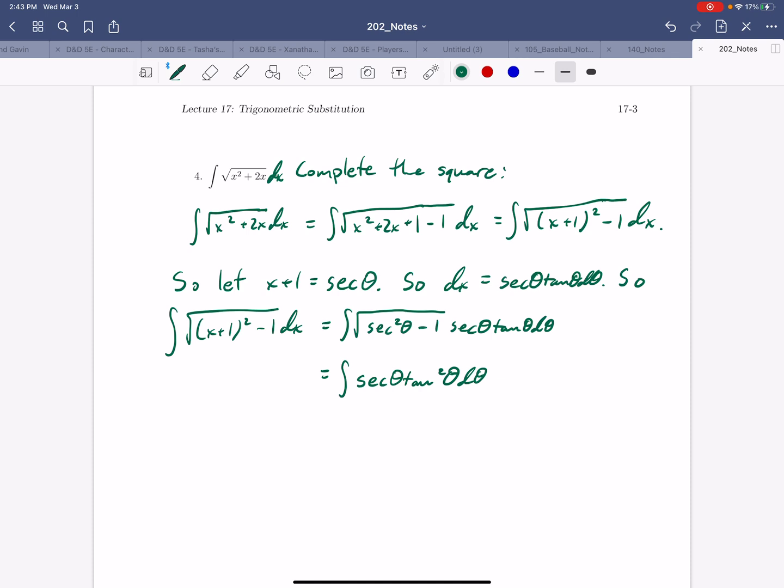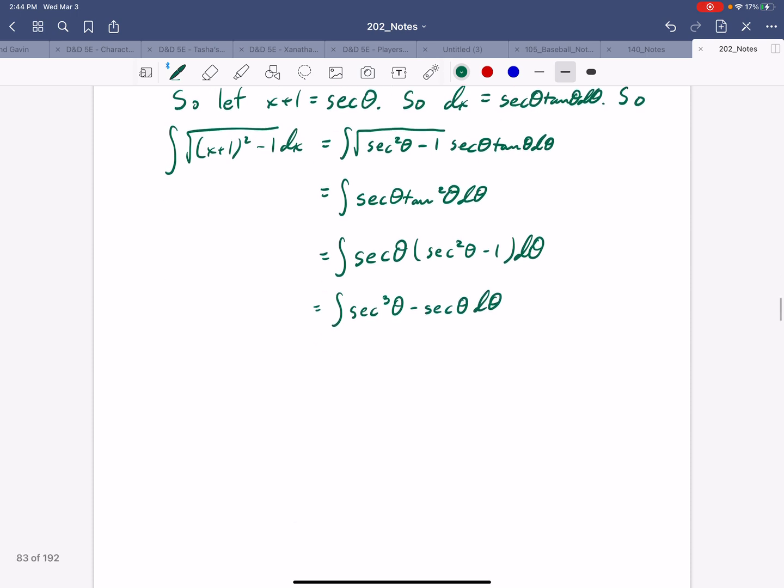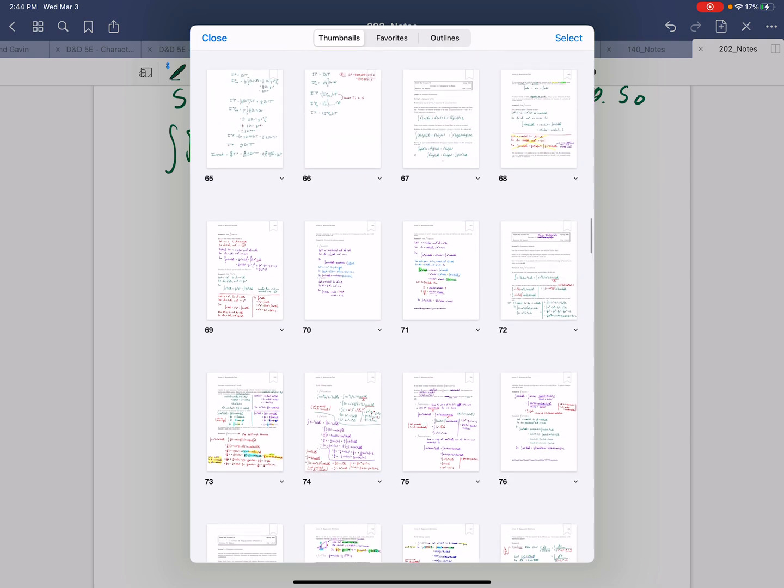So what that means, here you need to notice that this is really the same thing as secant of theta times secant squared of theta minus 1 d theta, and that's the integral of secant cubed of theta minus secant of theta d theta. And remember, we had special integrals for each of these terms, right? Secant cubed. In fact, they're both found in the same spot.